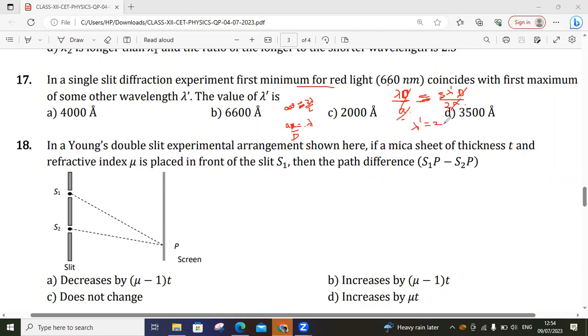So lambda dash we want, which is 2 by 3 into lambda, which is 2 by 3 into 660 nanometer. 3 twos are 6, so 3 into 220. It becomes 440 nanometer, which is 4400 angstrom. Yeah, it is 4400 angstrom. That is okay. It is nearly 4000 angstrom. Right. 17 is option A.